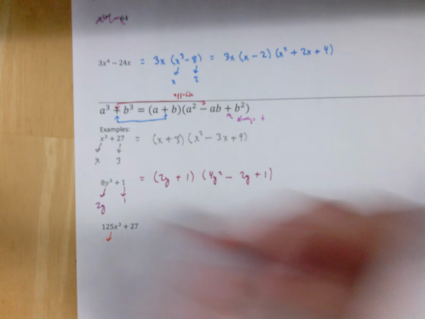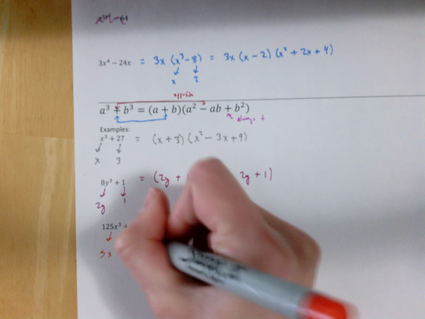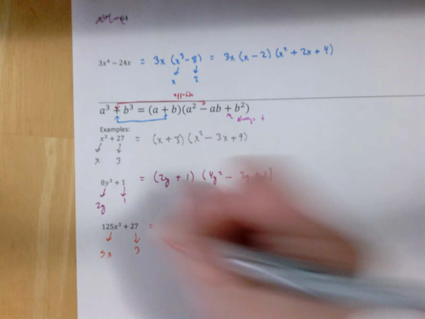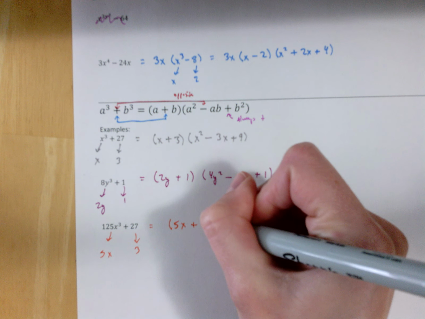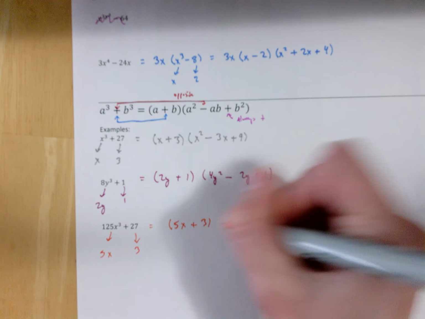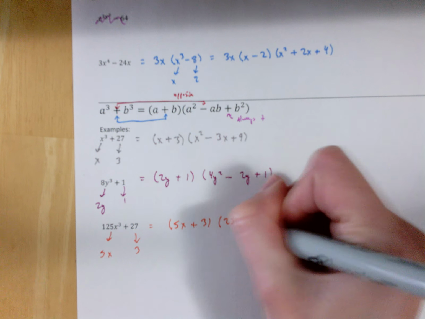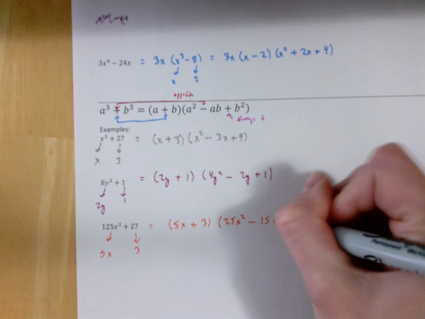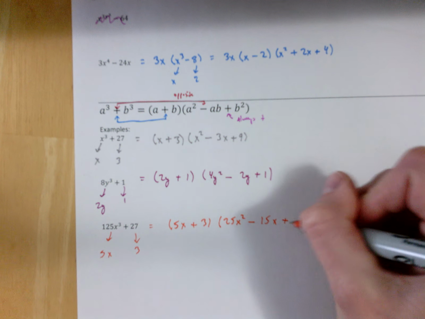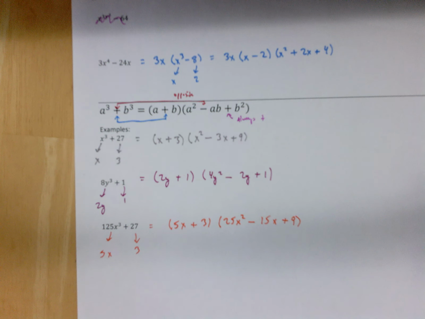So the cube root of 125x cubed is 5x. Cube root of 27 is 3. So this is first thing, matching sign, second thing. First thing squared, so 25x squared. Opposite sign, product of the two things, plus the second thing squared.